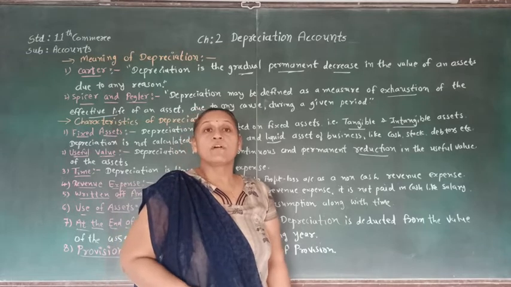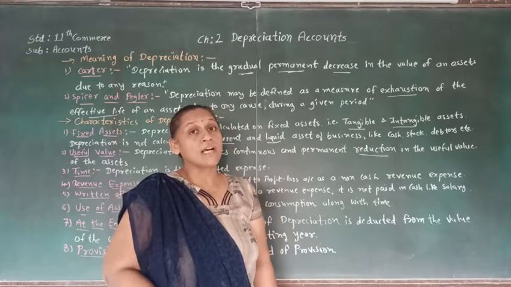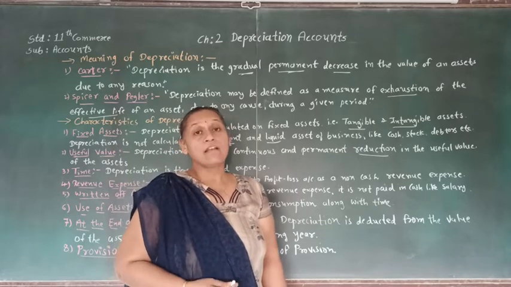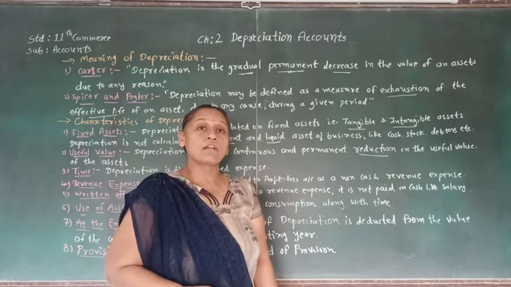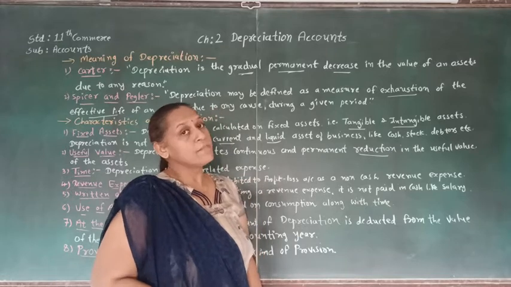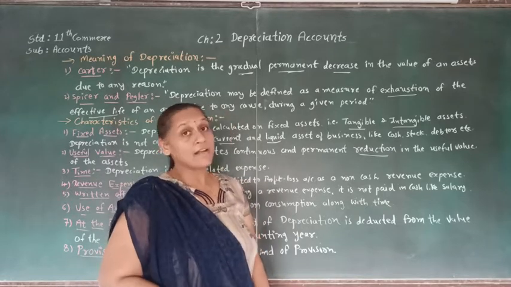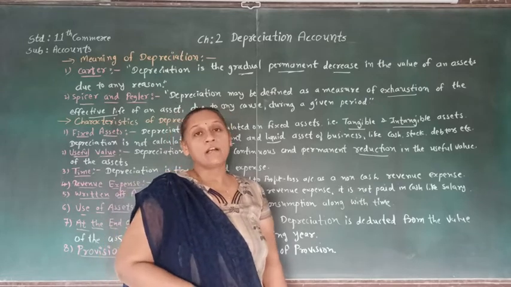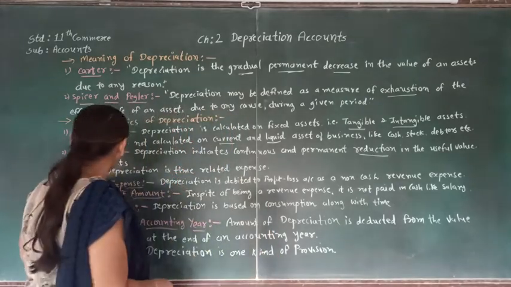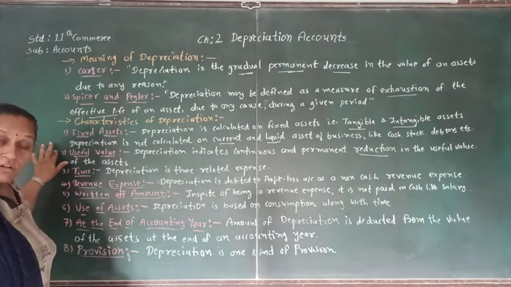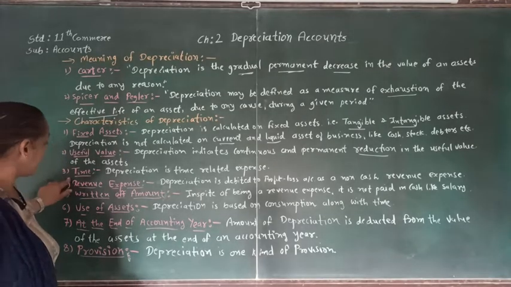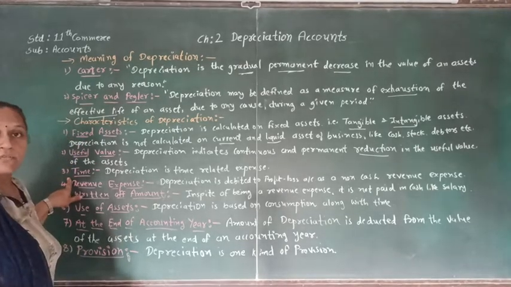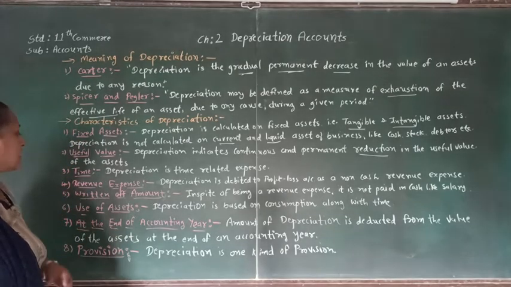If we leave a car in the garage without using it, the value of the car still decreases. So whether we use the asset or not, we need to calculate depreciation, because the useful value of the asset as well as the time factor affects the fixed asset.